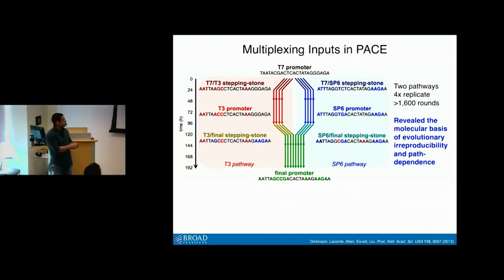So simplistically, the way this was done is starting from the T7 RNA polymerase that initiates from the T7 promoter and then evolved along 2 separate arcs, one where it goes to the T3 promoter and then to this so-called final promoter, and another which goes through a homologous but different promoter from the T3 promoter. It's called SP6, and then transitions again finally to the final promoter. And you can see here some numbers with regards to how many rounds we went through the course of this experiment.